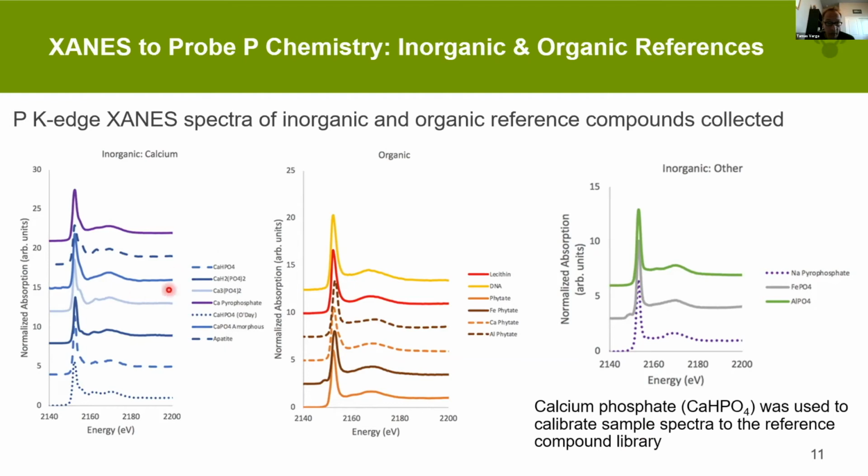Inorganics were calcium phosphates and pyrophosphates, apatite. For organics, we did DNA, phytate, lecithin, etc., and some other phosphates. I'd also like to thank Peggy O'Day at Stanford, who also provided some of the phosphate library from her group.